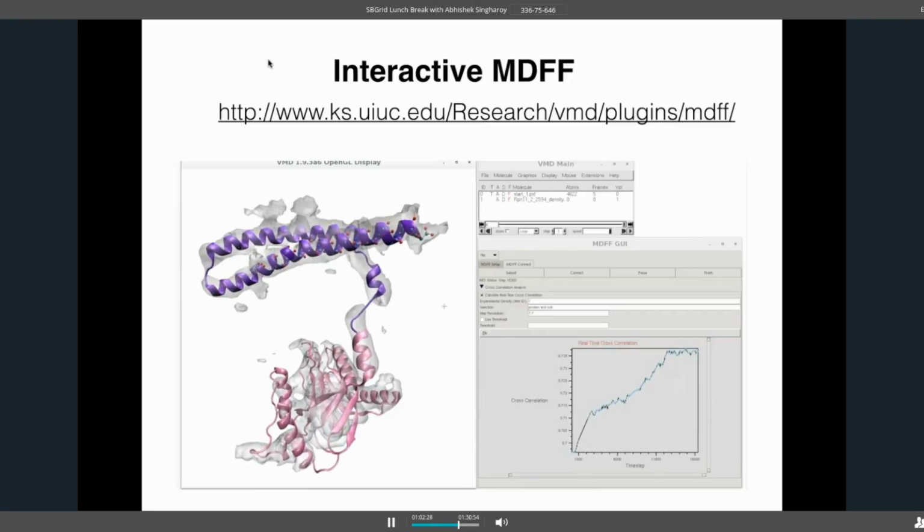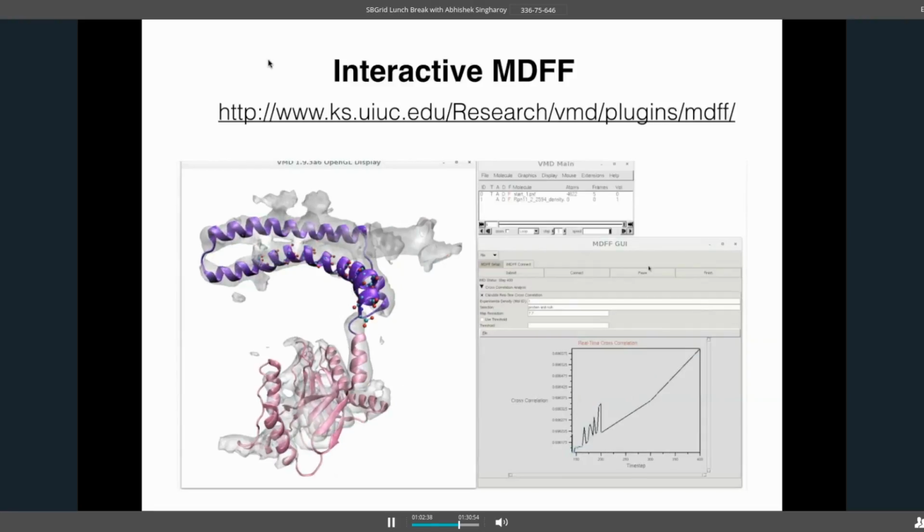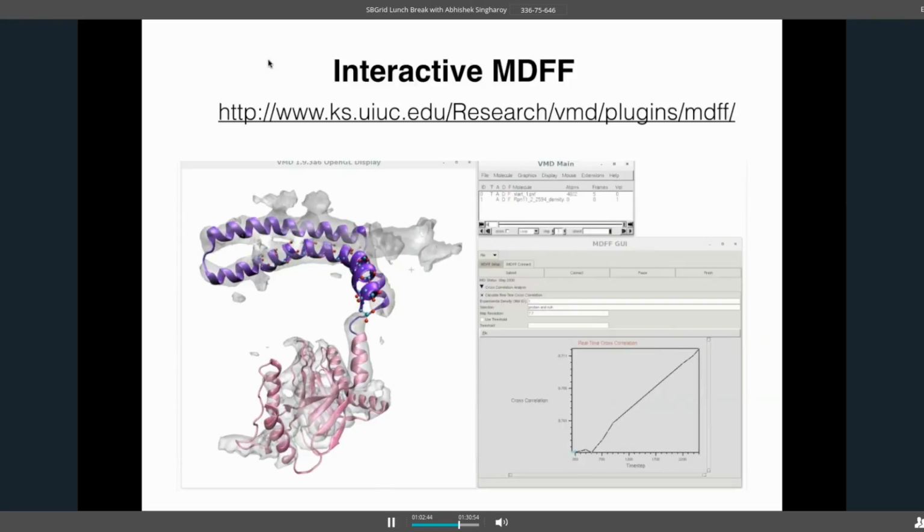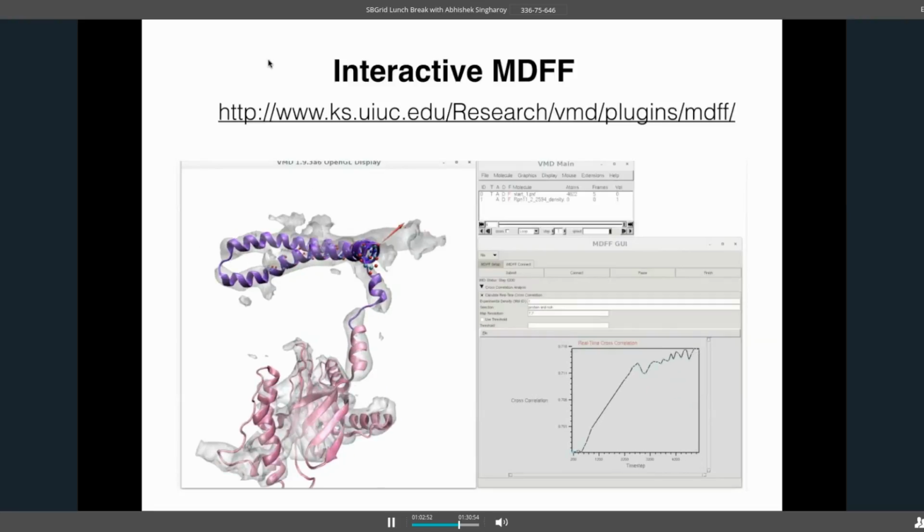This, we feel, is perhaps the way to go as we move forward. There's a very nice plugin on this tool called VMD, Visual Molecular Dynamics. It's like the Chimera to MDFF, a visualization tool that allows you to see what is going on inside molecular dynamics flexible fitting.